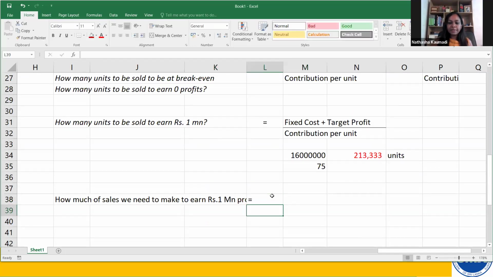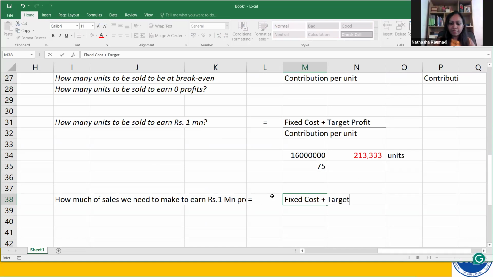You write it like fixed cost. Now you add the target profit as well because you have a target profit. Previously the target profit was 0, that's why you didn't write it. Divided by CS ratio.